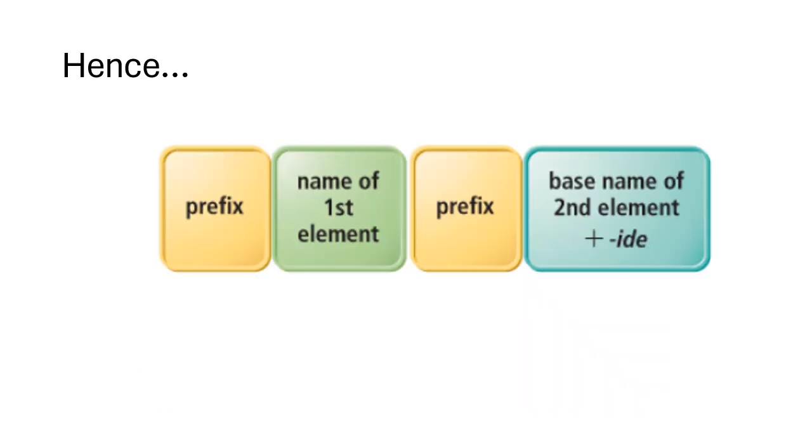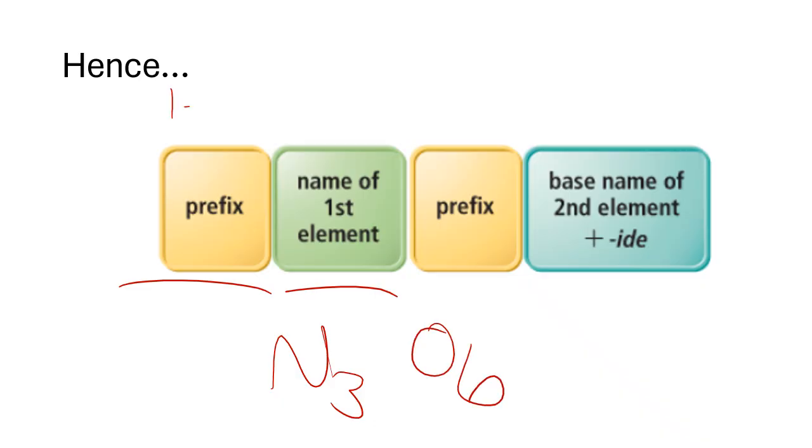This is just sort of the rules. But it's really not too tough. You have a prefix, name of the first element. So like I'll just write N3O6. Trinitrogen.